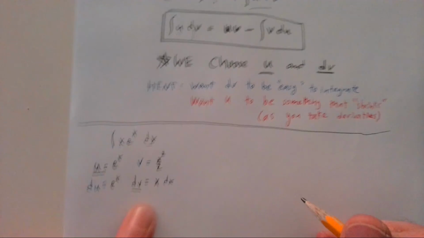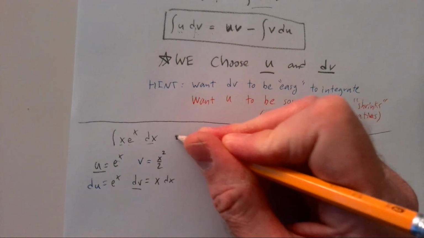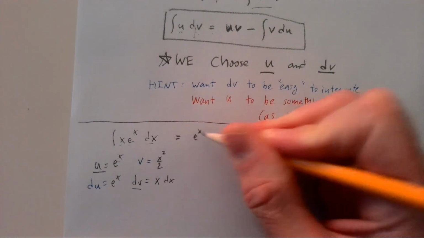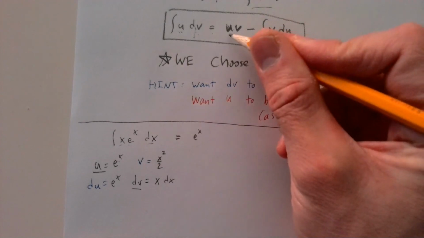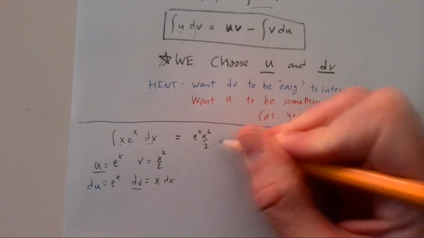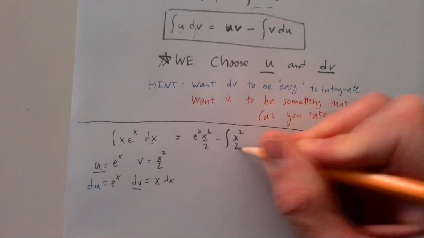Okay, so if I went forward with this definition of u and dv, that's going to give me u v, so the pattern is uv minus the integral of v du.